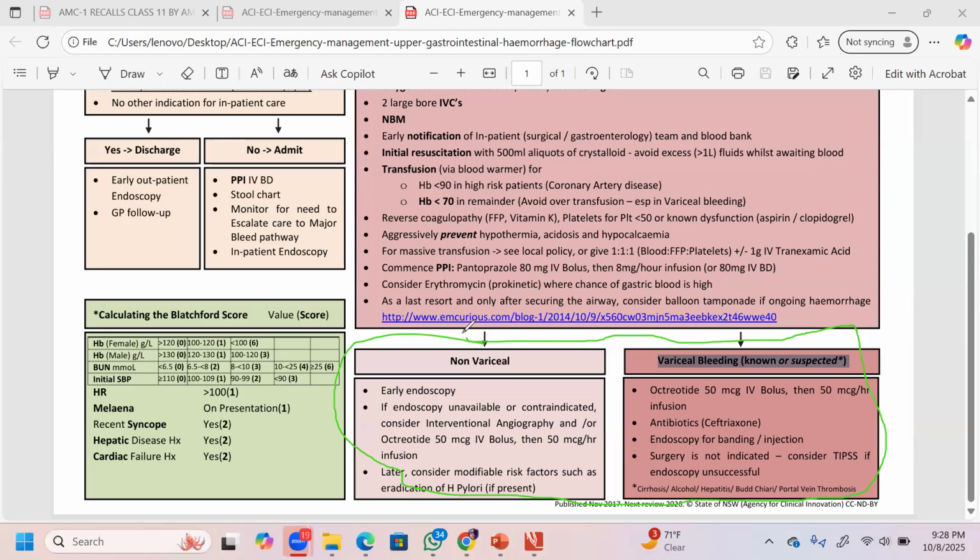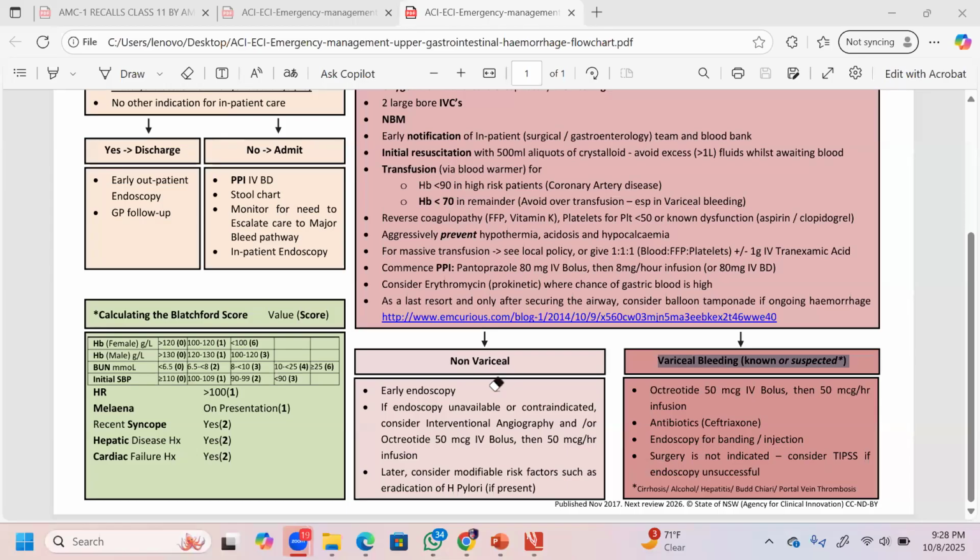If the patient presents with a variceal bleed, what is the meaning of variceal bleed? Variceal bleed means bleeding from dilated veins, like in the esophagus or stomach, maybe due to portal hypertension. So this is included in variceal bleed. Non-variceal bleed means bleeding from a peptic ulcer, maybe a Mallory-Weiss tear, or malignancy.